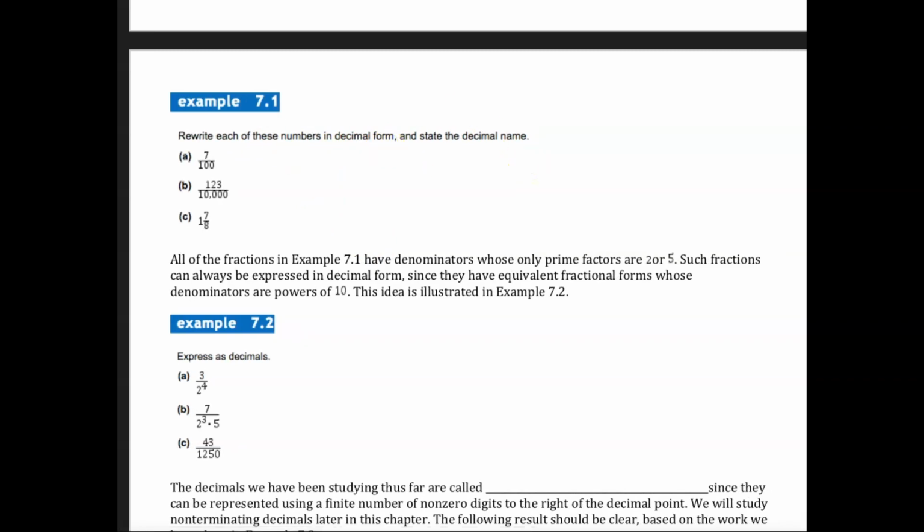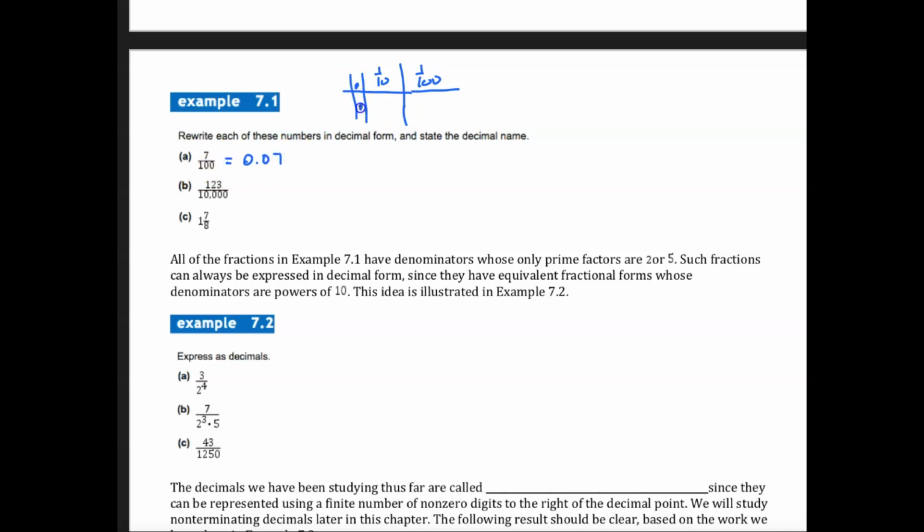And so again, it goes by the wording here, 7/100. What we remember from our notation is you have your decimal here and your place values. And so in this case, this number here is 0.07.